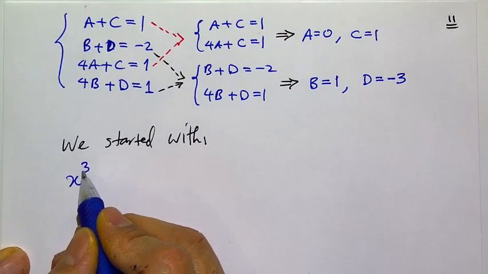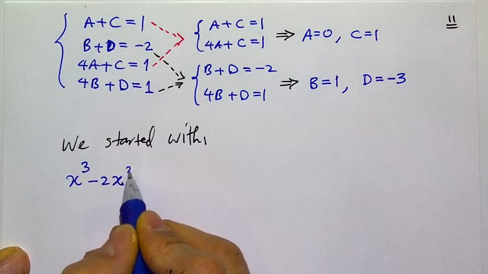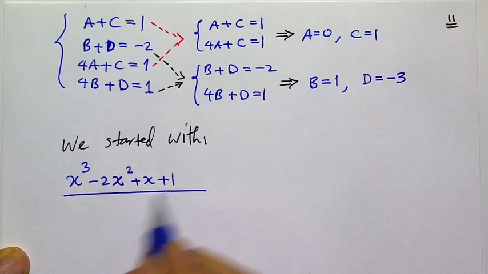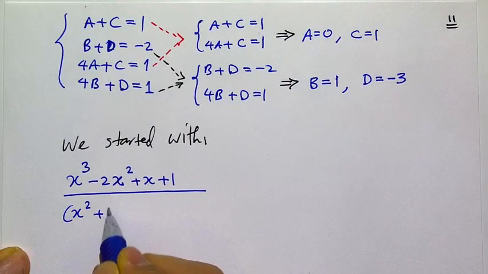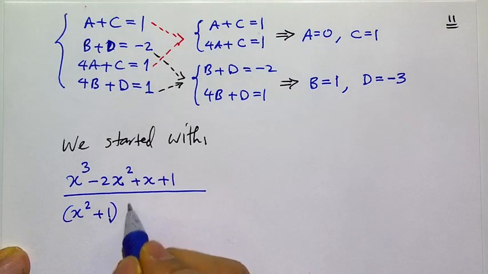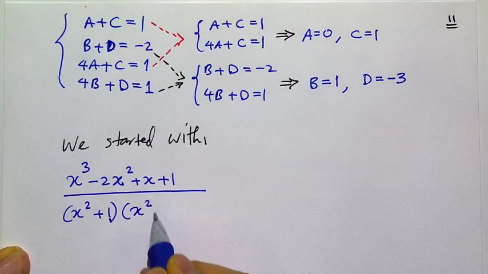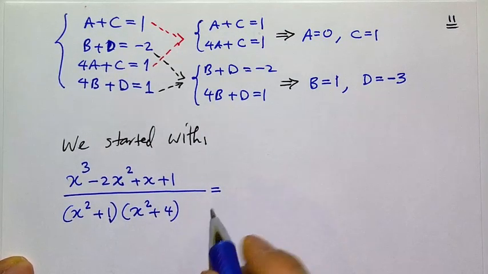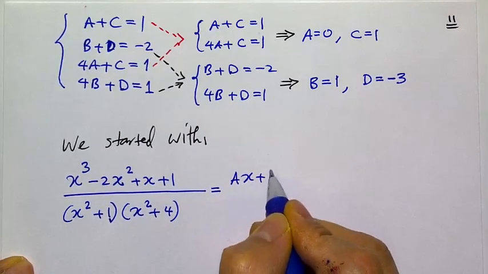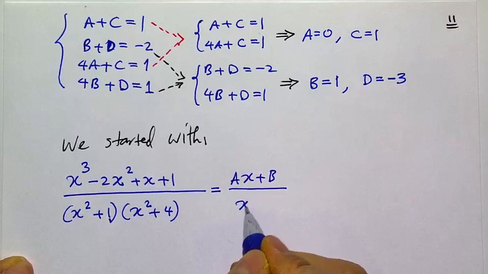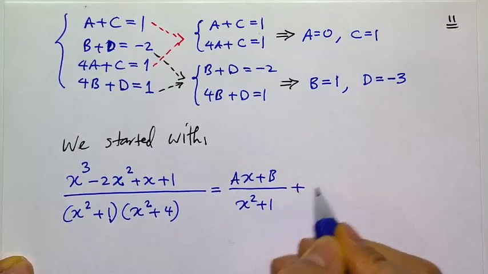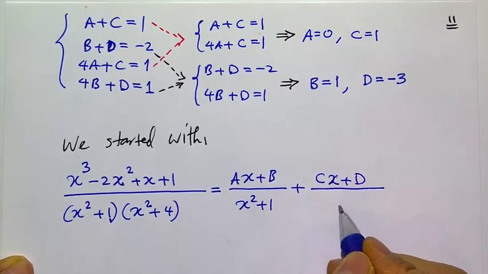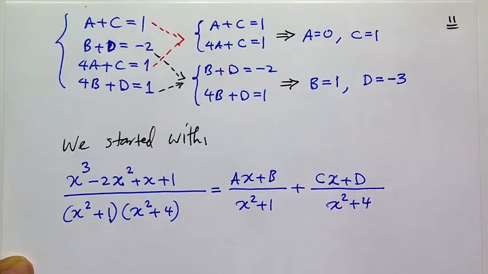So we had x cubed minus 2x squared plus x plus 1 divided by x squared plus 1 times x squared plus 4 equals ax plus b over x squared plus 1 plus cx plus d divided by x squared plus 4, right?